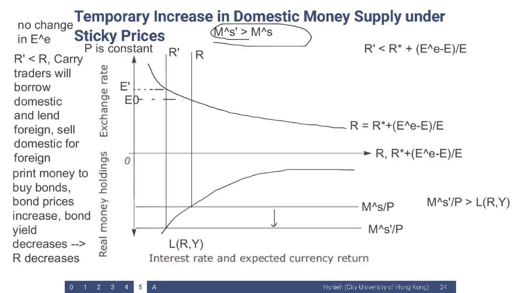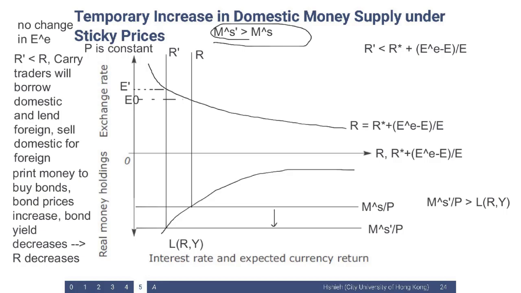All right. Now the parity that must hold in equilibrium is the following, but because we have lower domestic interest rates, UIP is therefore violated.